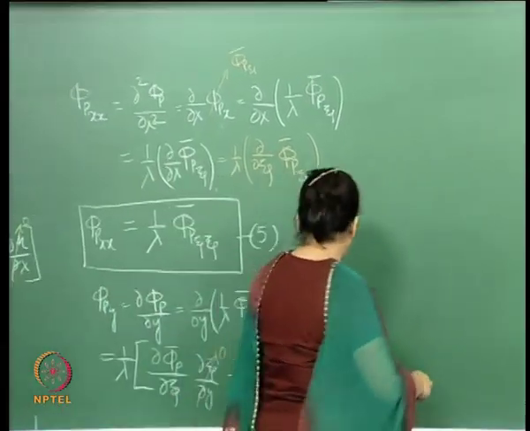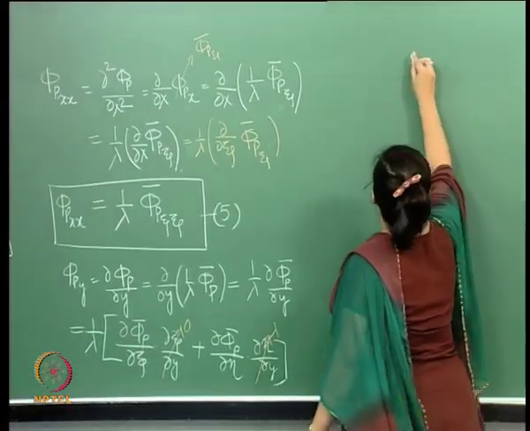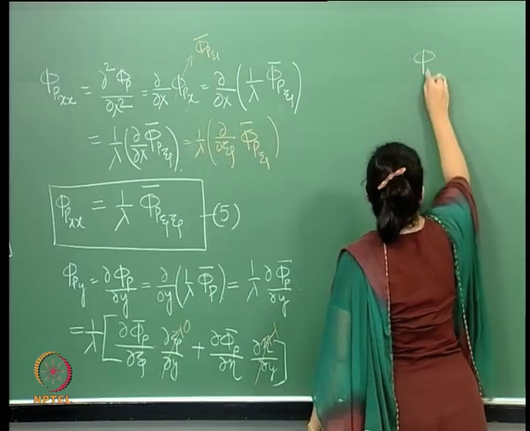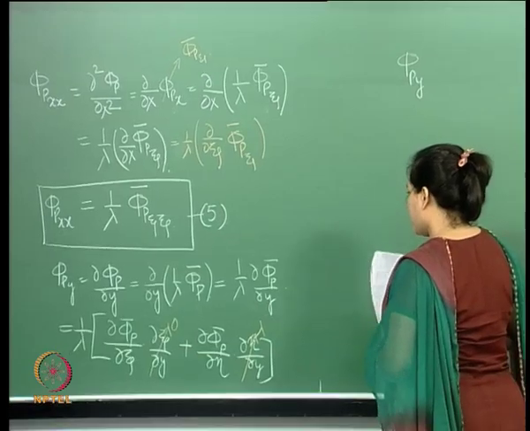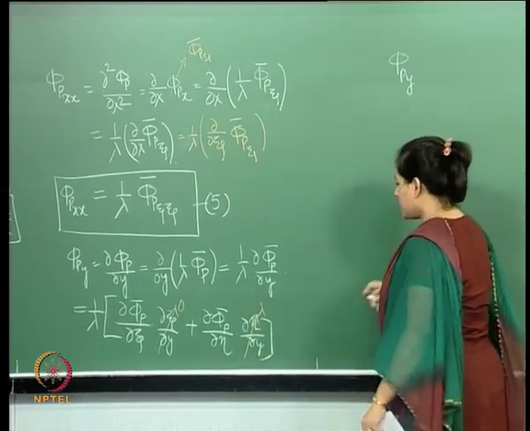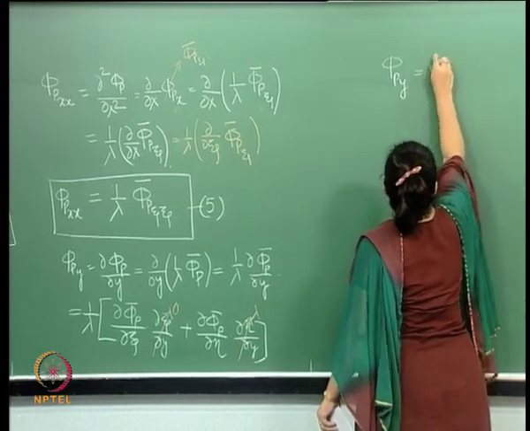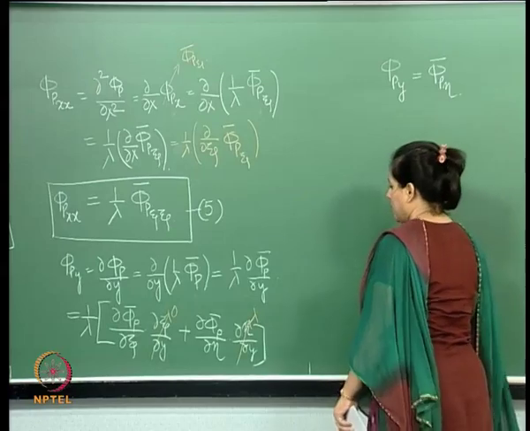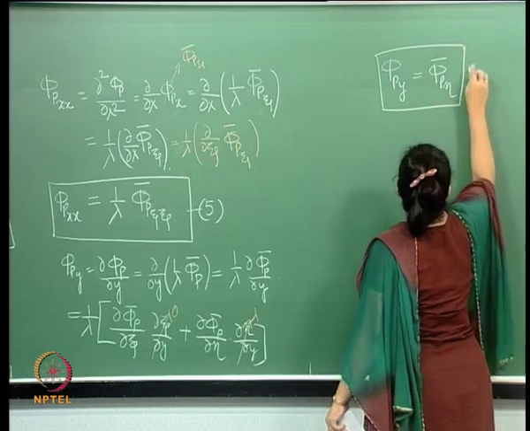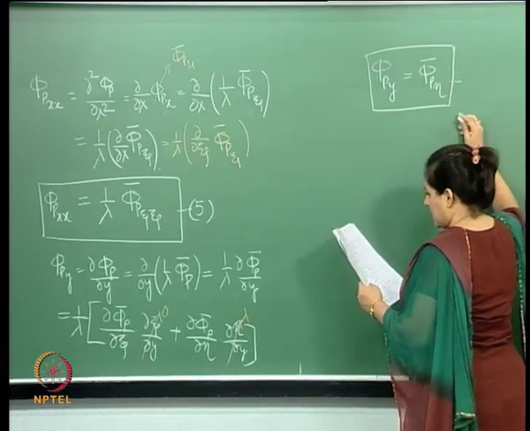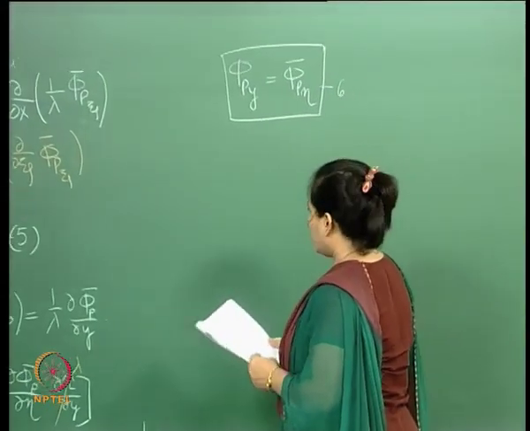So what we get here is that phi p y is equal to, this lambda cancels out, phi p bar eta. We can call this 6.